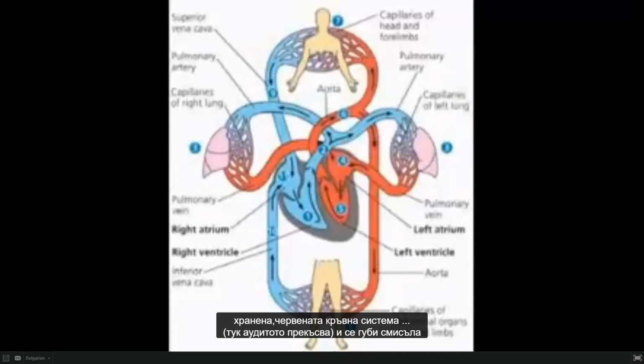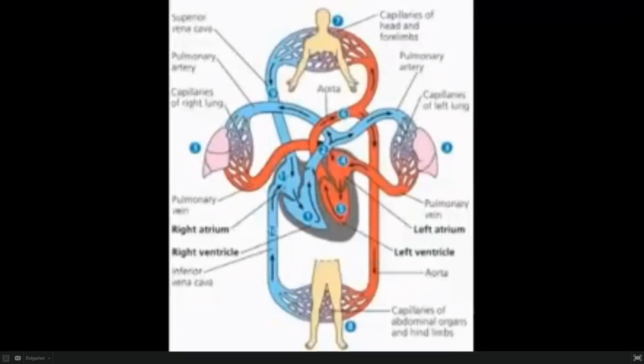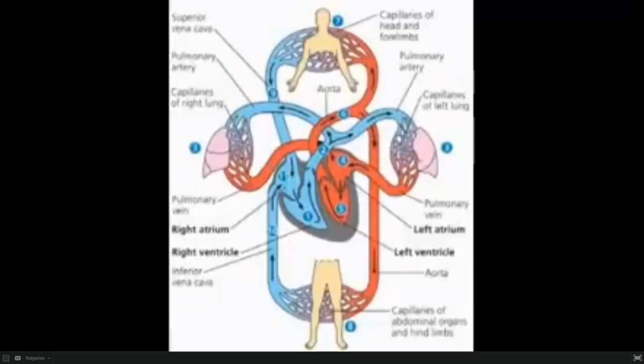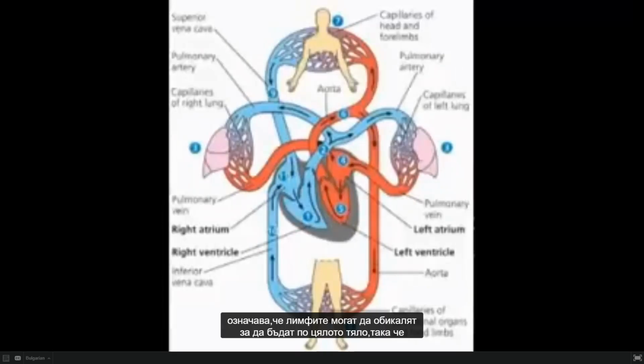The second system, which was the cleaning side, which we call the reverse blood into the heart, had its own pumping system. The third system, which we said was for feeding of the physicality, which means that the lymphs could get around all over the body, that muscles could use it, bones could use them, and so there was a need for circulation. So the lymph system had its own pump.